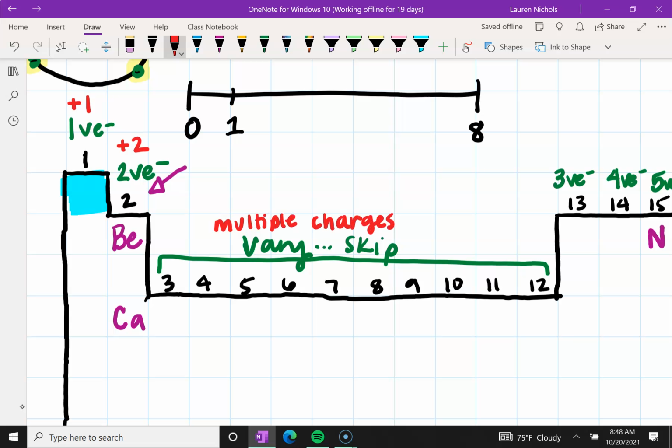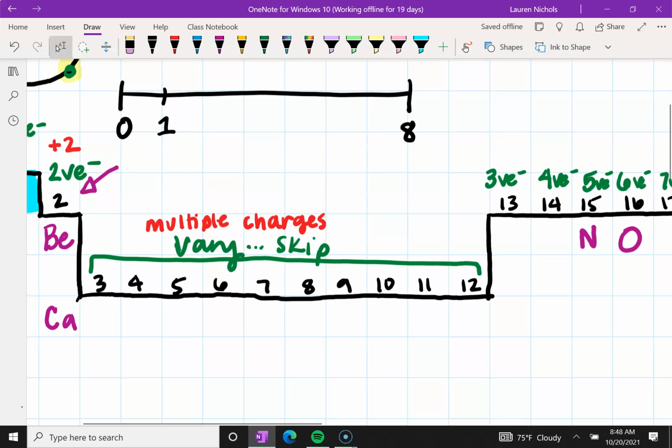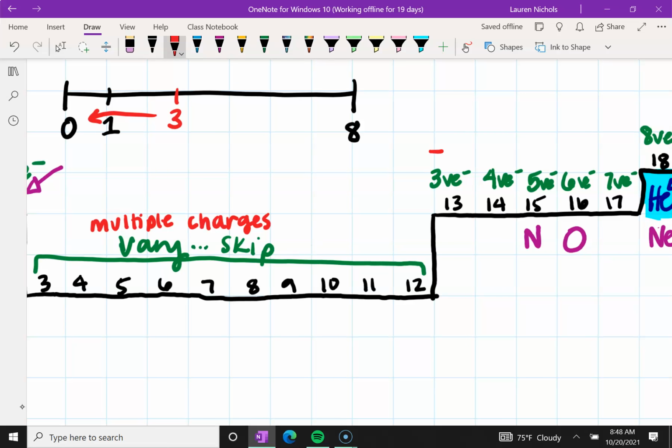Again, these can have multiple charges because their valence electrons change. So I would tell you what charge that atom has, or I would give you a way to figure it out, and we'll learn more about that in Unit 4. If I have 3 valence electrons, I'm still closer to 0. So we're going to lose those 3 valence electrons and have a +3 charge.